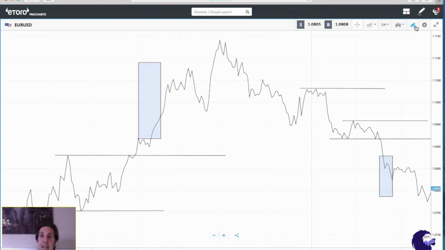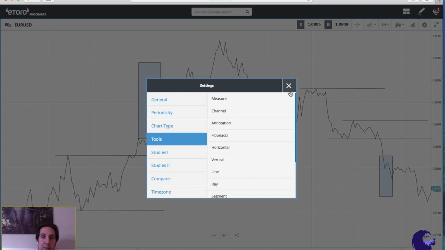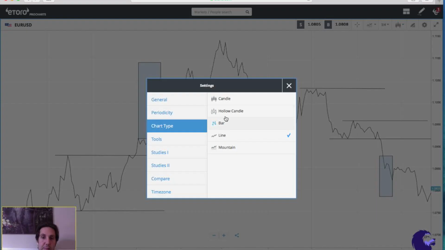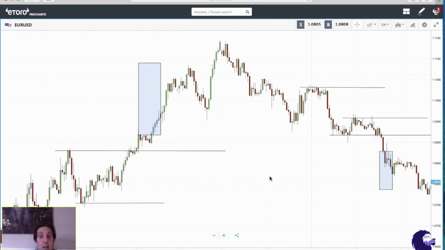Okay, let's now look at the chart with candles. You can see now the price shows more clearly where the real support and resistance are, without this extra movement, this volatility in between. You can see the real movement.